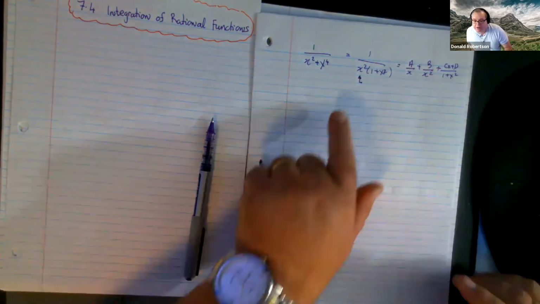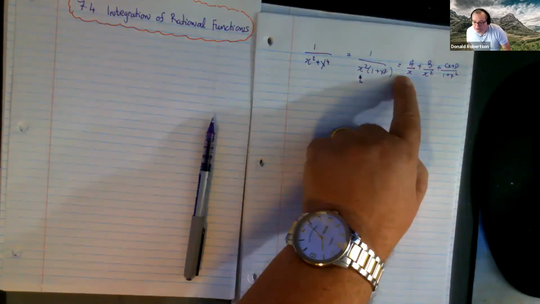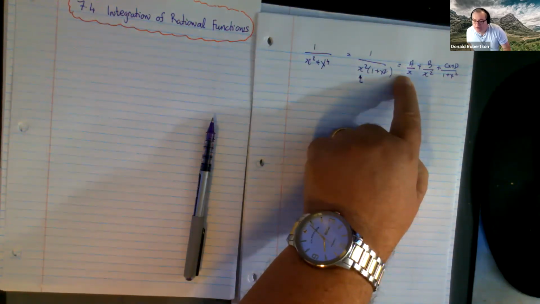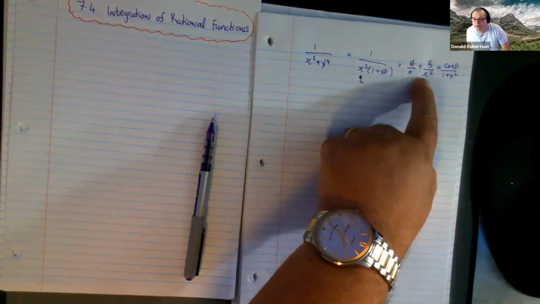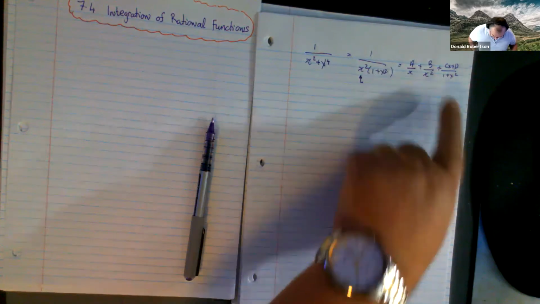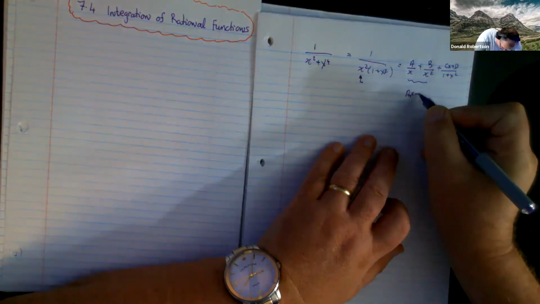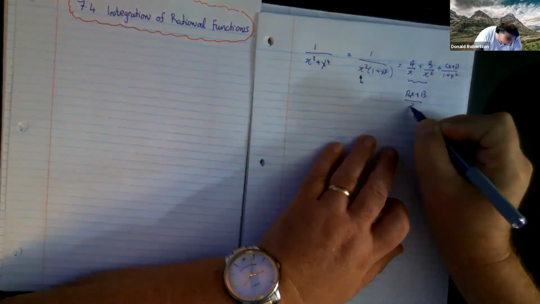Right, so here's the guy. You split it like that, and you get an x, which you would expect, or an x squared. What you might not expect is you get both. It actually comes from ax plus b over x squared.